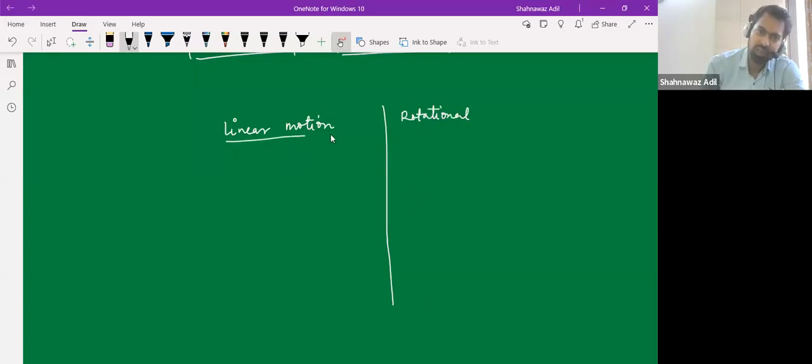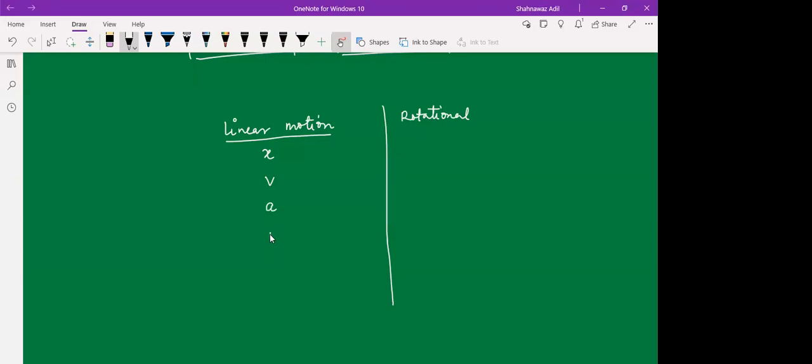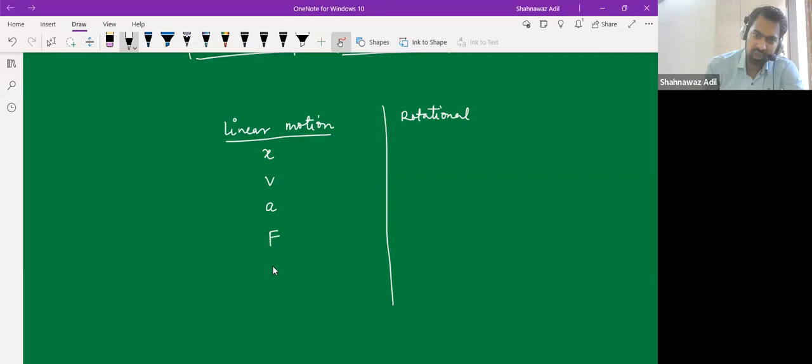In linear motion, we have distance, velocity, and acceleration. We have force, and we have momentum. We have mass also.